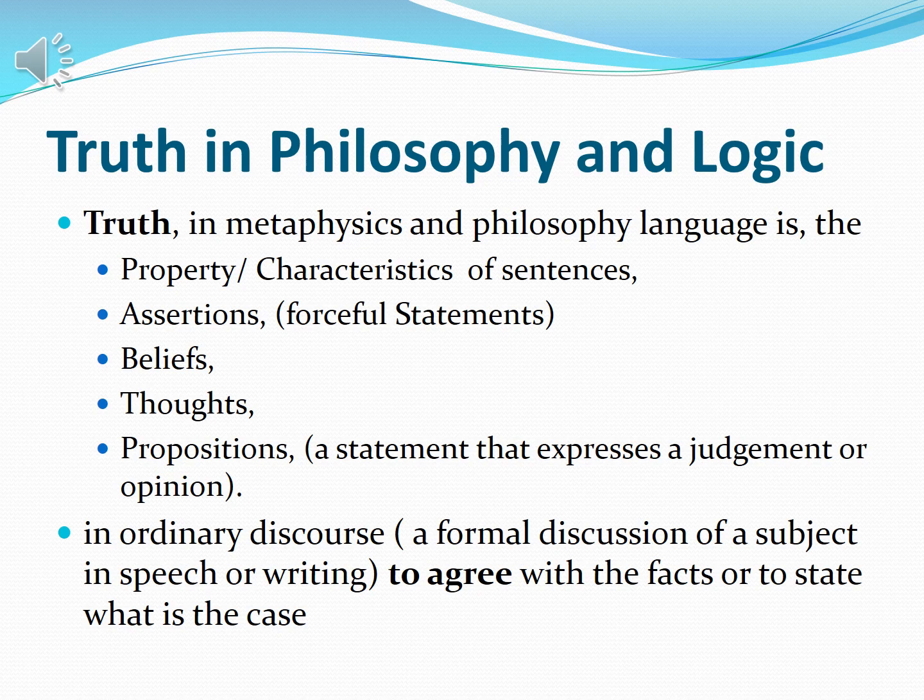The thought, what we are thinking. And the proposition is a statement that expresses a judgment or an opinion. So when we are saying a sentence, we are giving some statement, we are telling our belief, what we are thinking, and the judgment, the opinion about anything, all in ordinary discourse.